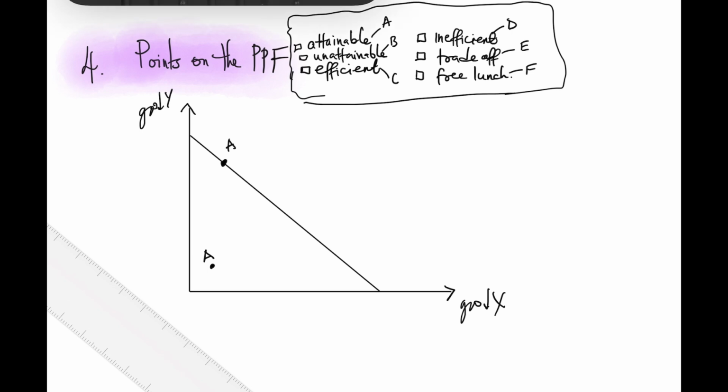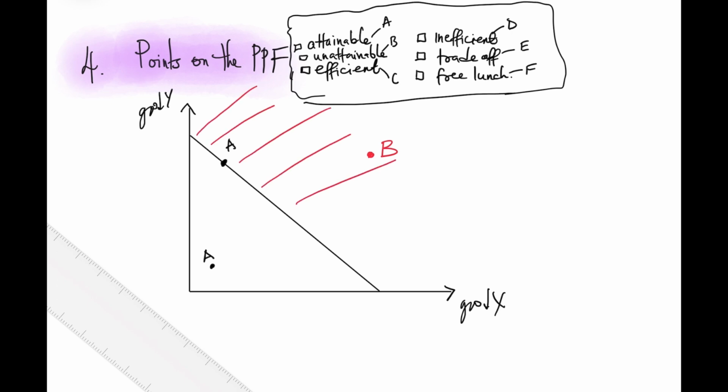An unattainable point, now I'll show that in red. An unattainable point, point B, is right out here. So the entire space that is outside the PPF will contain unattainable points. Right, so point B is unattainable.